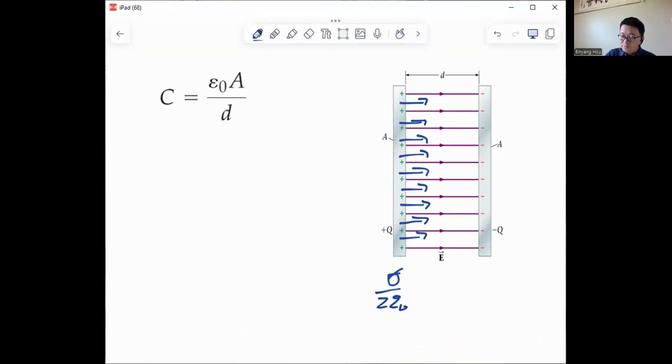The E field by this negative charge plate is going to be pointing towards that charge plate.